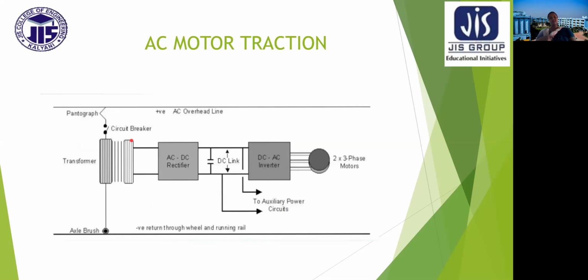See, first, since we are using a high voltage line, the weight of the overhead line gets reduced. Why? Because of high voltage, the line current gets reduced, and because of line current reduction, the material requirement gets reduced. So from the overhead line, the pantograph is connected, and then through the circuit breaker, it goes to the transformer for a step down process.